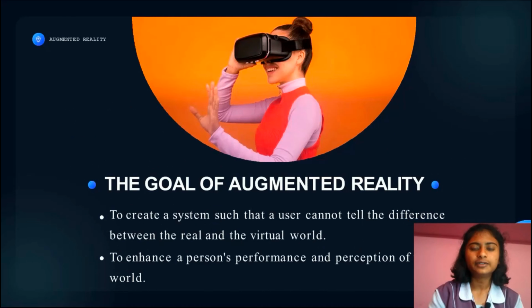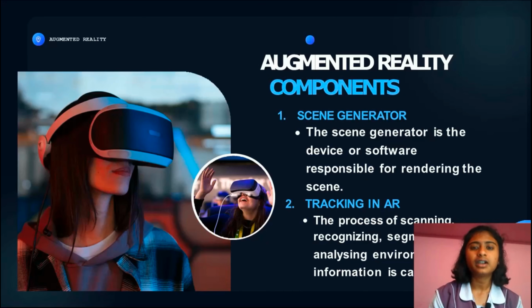The head-on displays, which you can see, it's actually an unfortunate photo, because augmented reality doesn't need any headset to be experienced. So this is an unfortunate photo. There are types of head-on displays with which you can experience augmented reality as well.